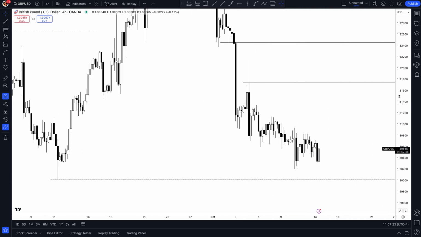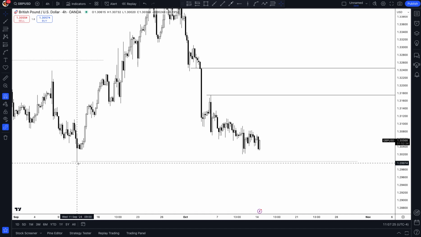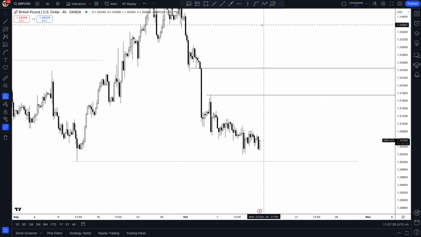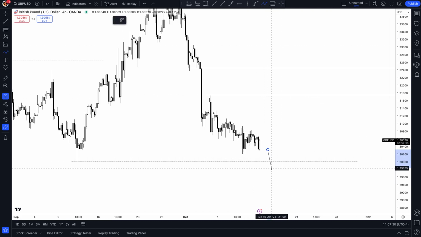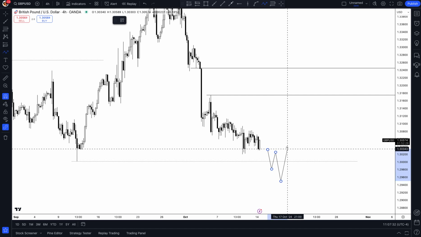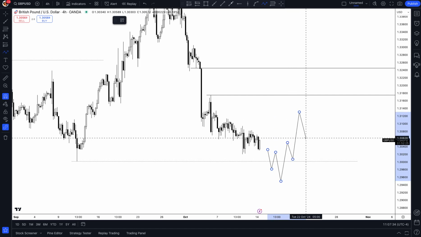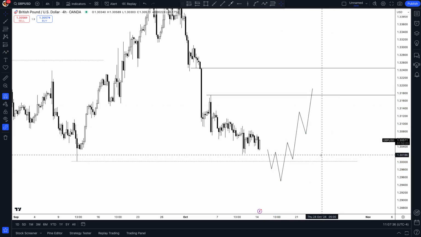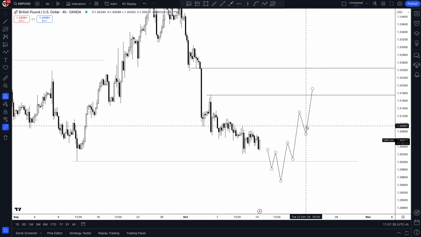Ideally, I want to see this level get taken out and then look for potential reversal from there to this daily fair value gap. So looking for something like that.